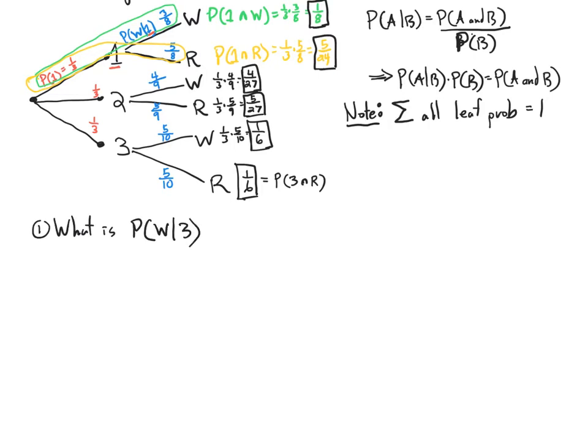That one's very easy. We can just literally look that up in our table. So we're given that we roll a 3, so we start here, and the probability that we pick a white, we just go along the branch. There it is. It's 5/10. So those are the answers, I guess, in blue.